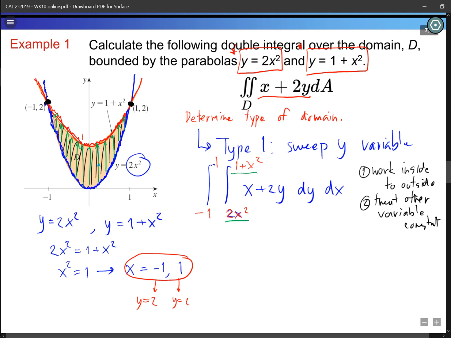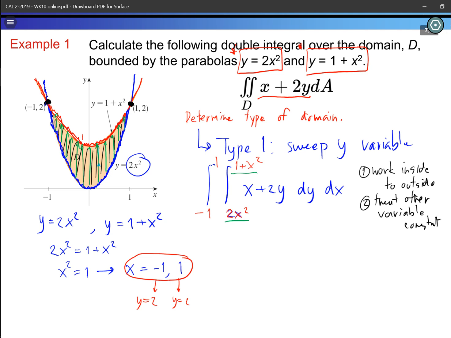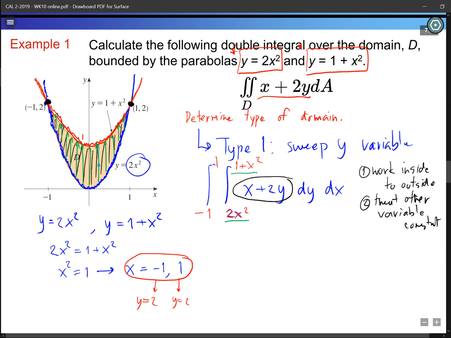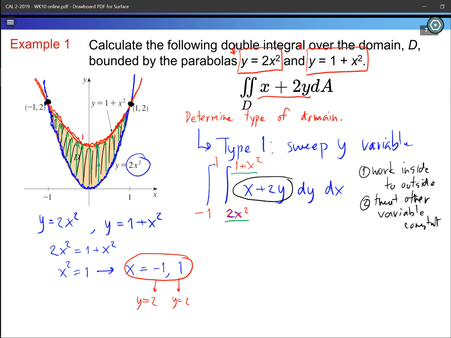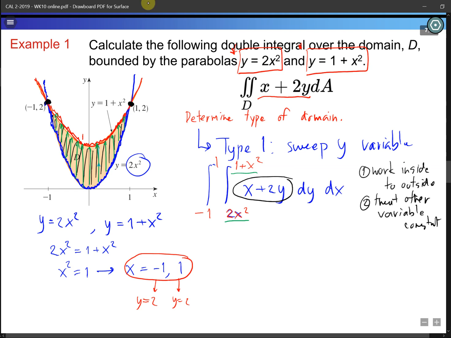Alright, so the first thing I need to do is to integrate this x plus 2y with respect to y. So I am going to treat x as a constant. Integrating this with respect to y, it becomes xy, and integrating 2y with respect to y, this becomes y squared.